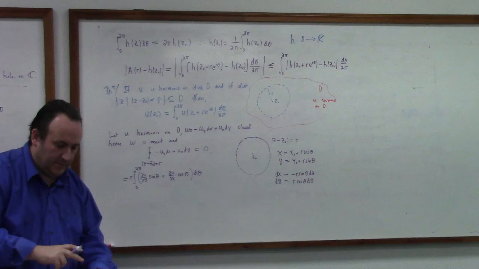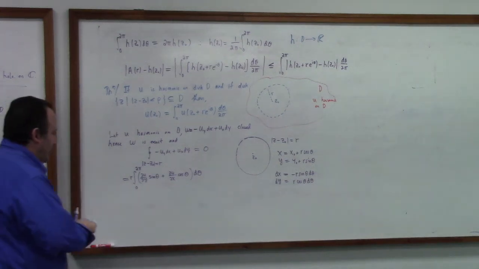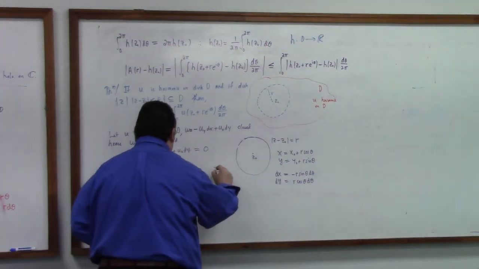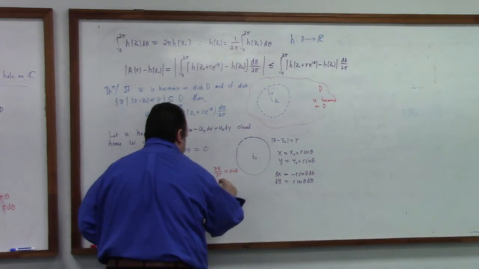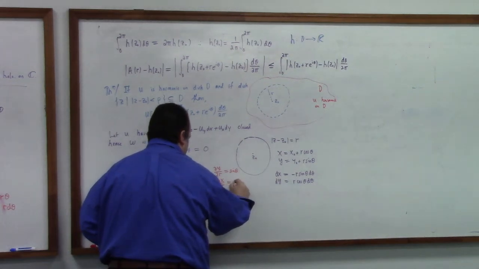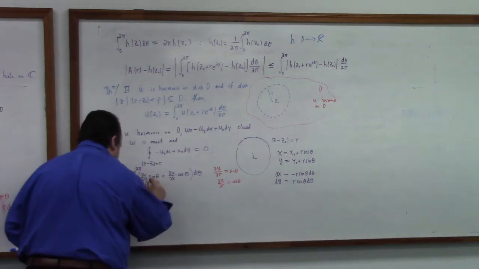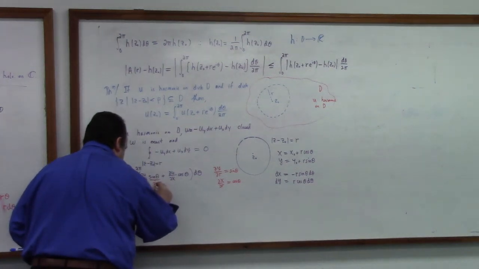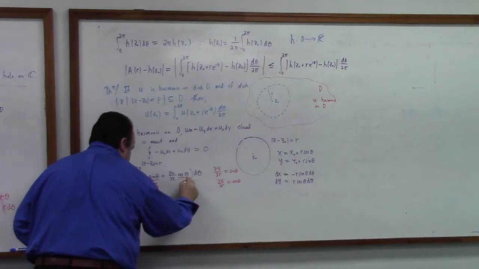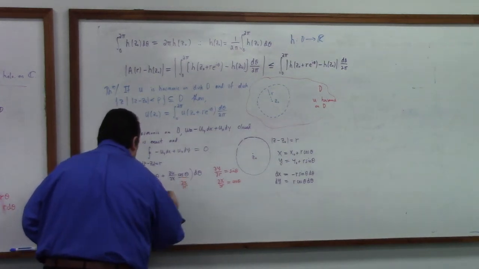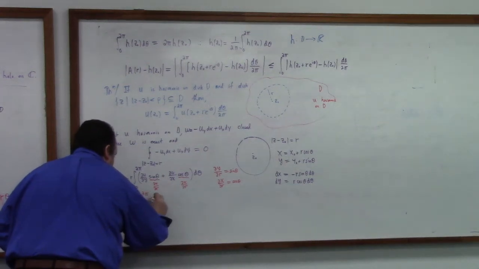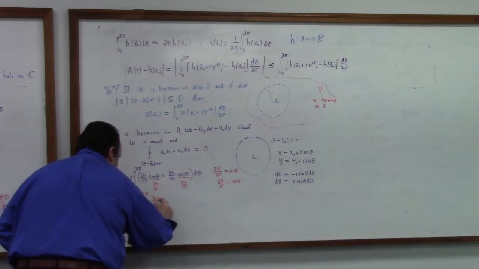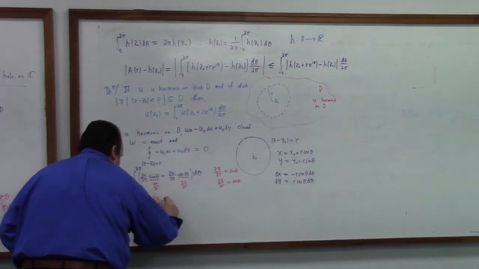And then, a little bit tricky, but remember that partial y partial r is sine theta, partial x partial r is cosine theta. So this is partial y partial r, and that is partial x partial r. So by the chain rule, what we're looking at is the integral from 0 to 2 pi of partial u partial r d theta.